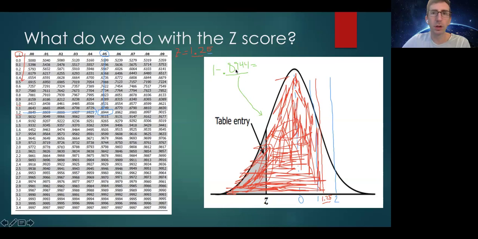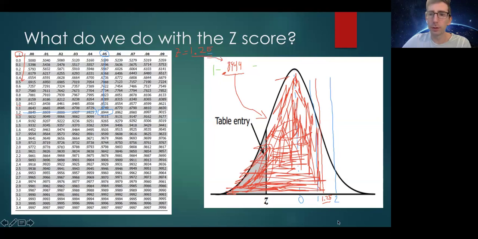Let me just do it in red so that it's a little more clear. 0.8944. This is the area under the curve to the left of what? To the left of 1.25.